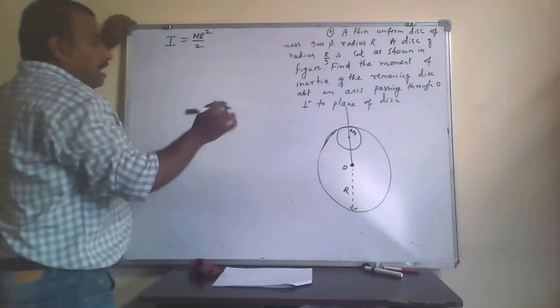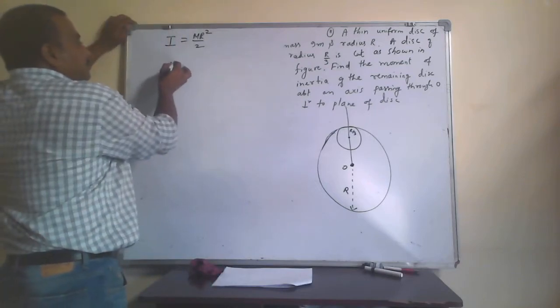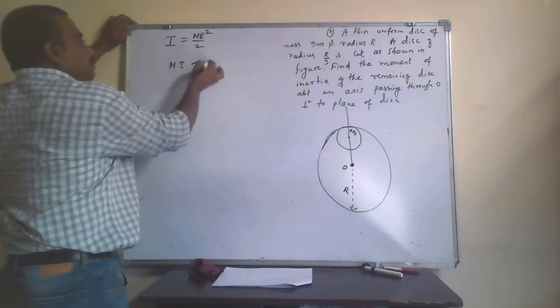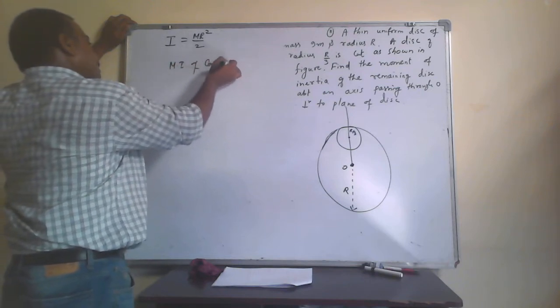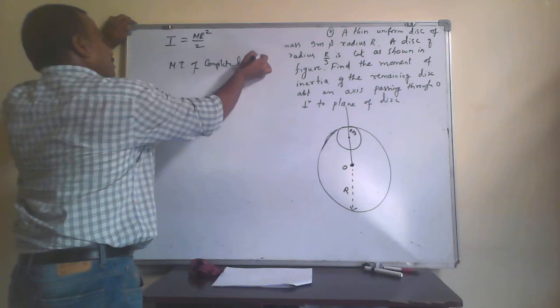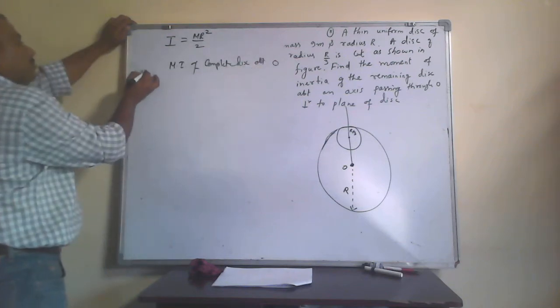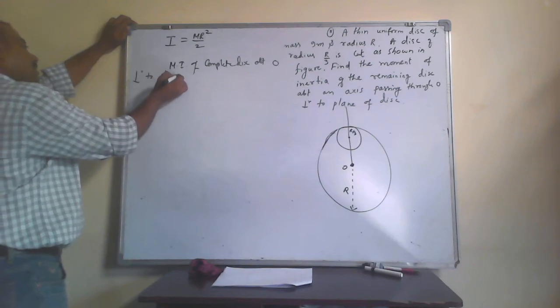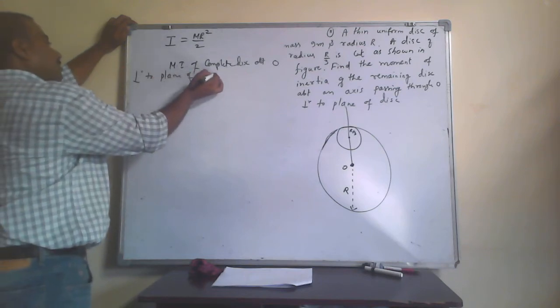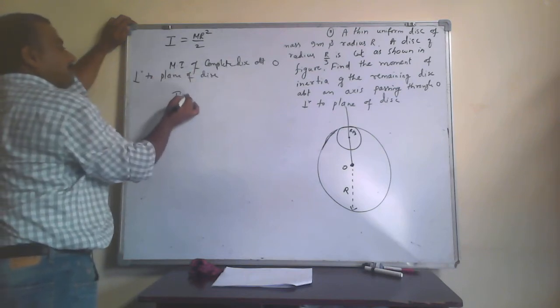Now I calculate the moment of inertia of the complete disk about O, perpendicular to the plane of the disk. Say I take that as I1.